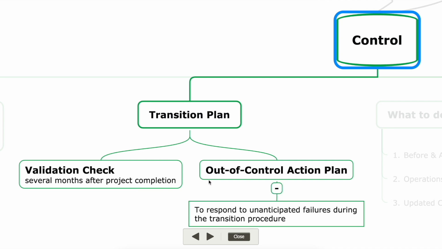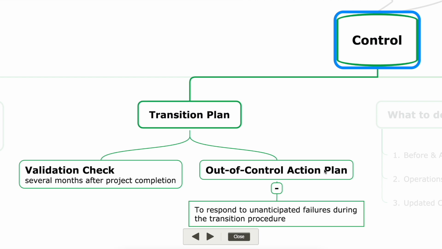And we must have another plan, which is out of control action plans, because during the transition from the existing system to a new system, or the existing process to a new process, there can be some errors or unexpected, unanticipated failures.